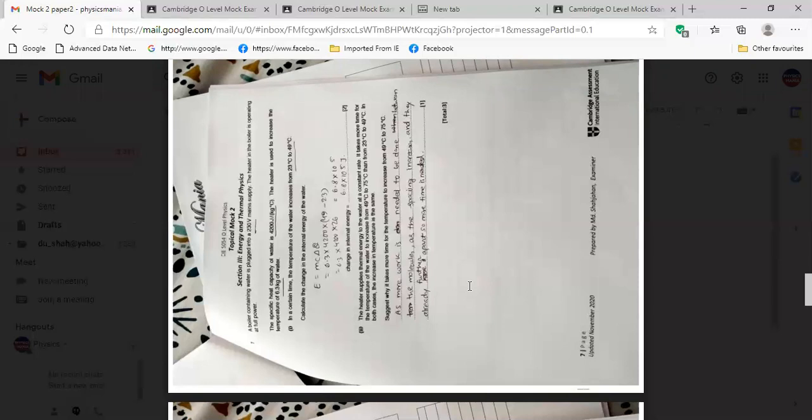Suggest why it takes more time for the temperature to increase. As more work is needed to be done between the molecules as the spacing increases and they are already further apart. So why is more time needed? Actually, in the surrounding area some energy is lost, right?